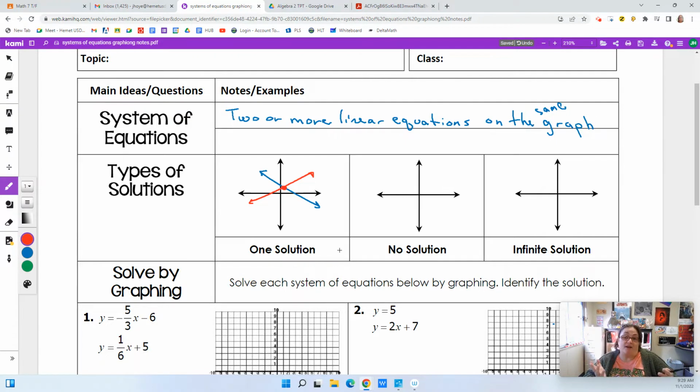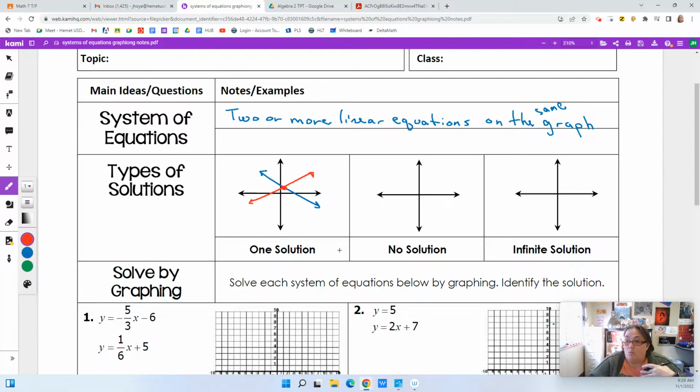It doesn't matter if I have three different lines graphed on here; where all three intersect would be the solution for that system. That means that x and y coordinate is true for both equations. Or if I have three lines that intersect at the same point, it would be true for all of them.